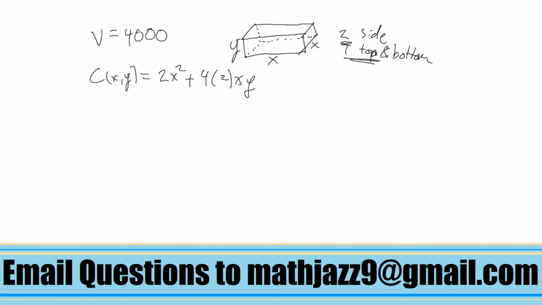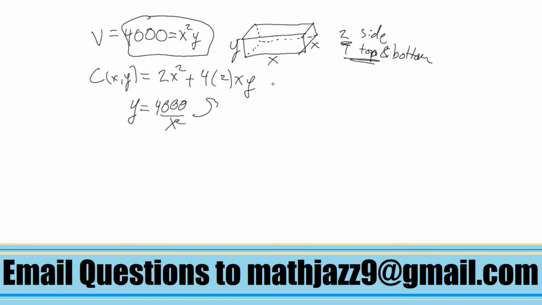Okay, but this also is a 2-variable function. This is a single variable calculus class, so there's got to be a way to collapse out one of these variables. So what we know is the volume is equal to the length times the width times the height. This gives us an equation that relates y to x, so we know that y is equal to 4,000 over x squared.